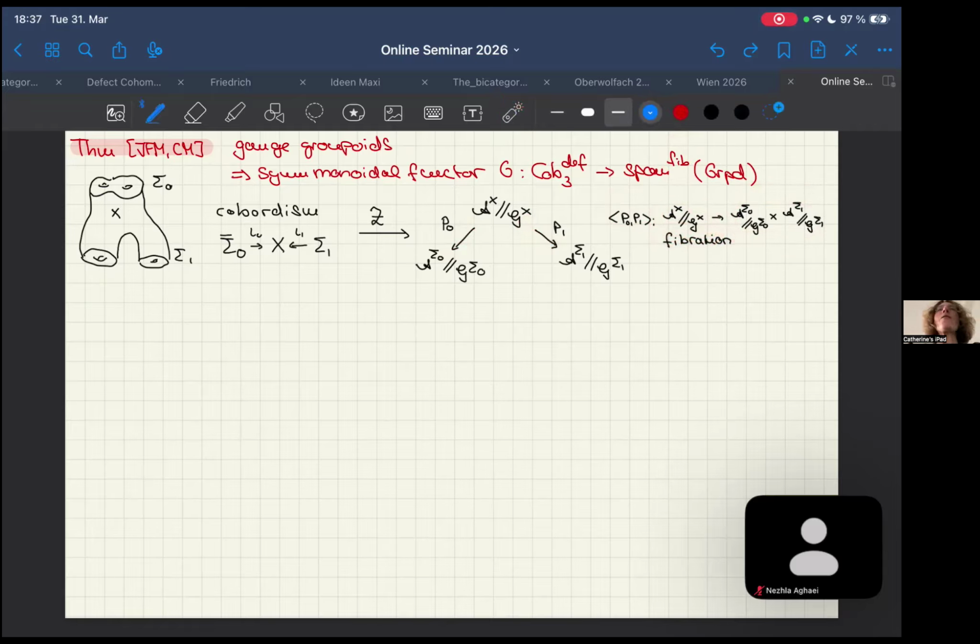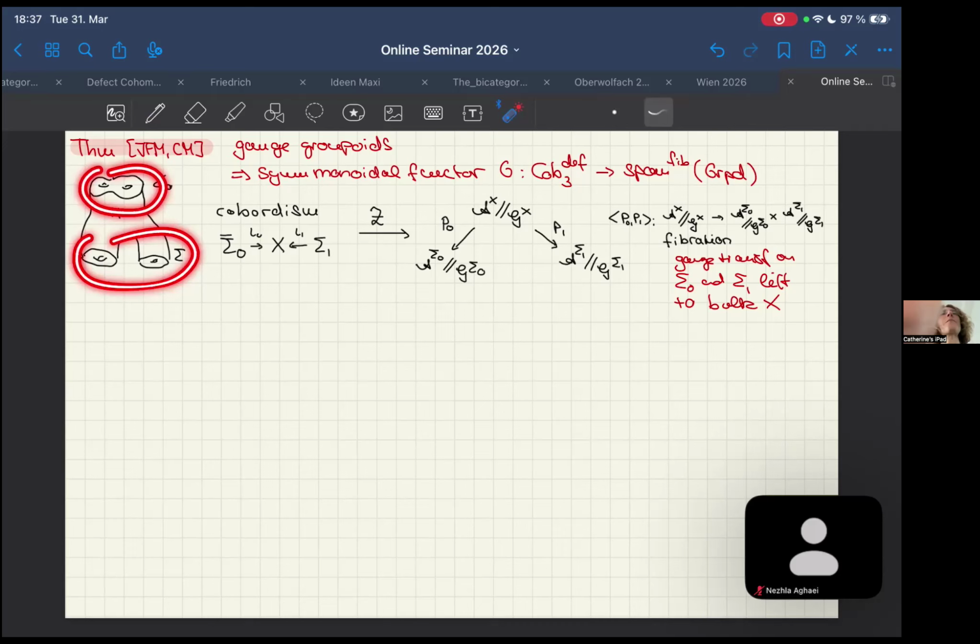This has some kind of physical meaning. It means that gauge transformations on sigma 0 and sigma 1 lift to the bulk. That means if I give two gauge transformations on the boundary surfaces, then there is a gauge transformation in the cobordism that restricts to those two at the boundary.